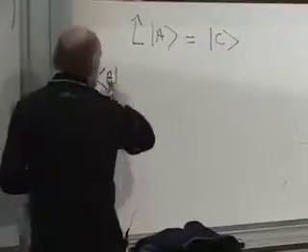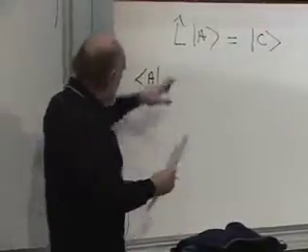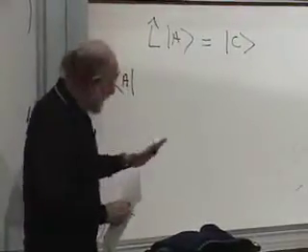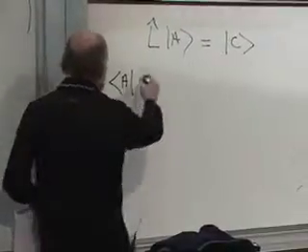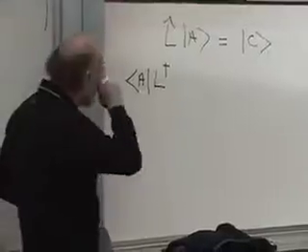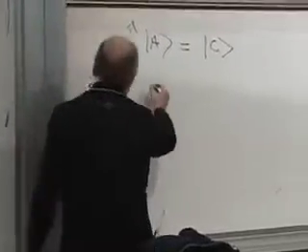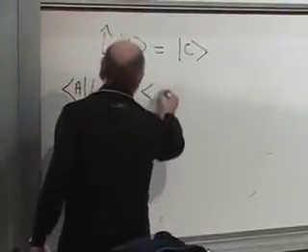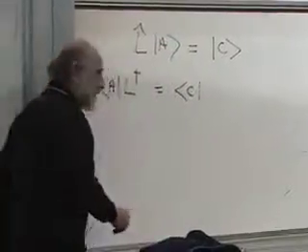If L maps A to C, ket vectors, then there's some object, which I'm going to call L dagger, or the Hermitian conjugate of L, which acts the same way except among bra vectors.